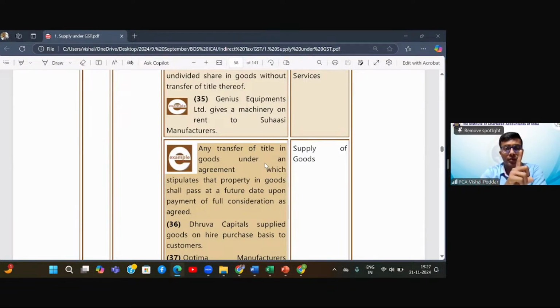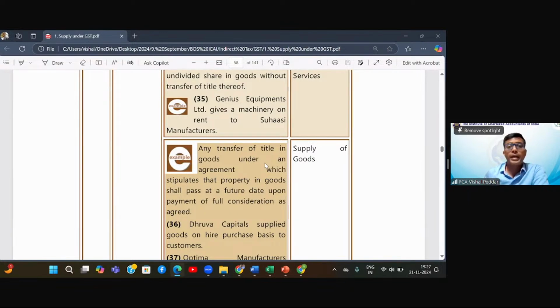So first transaction, immovable property, second transaction, goods. Now third transaction is intangible properties, which is called intellectual property. Patents, copyrights, trademarks. Now these are called IPRs. Just remember these words, students. You will be requiring these words in future in different subjects.